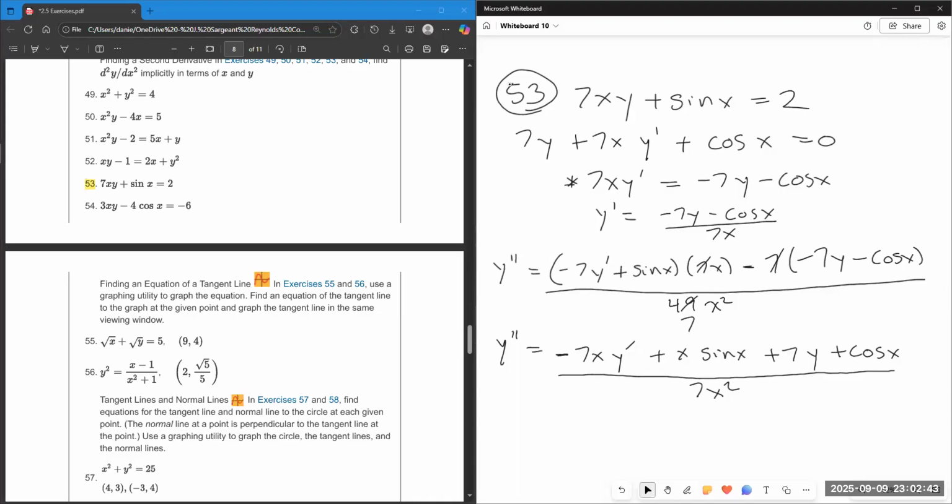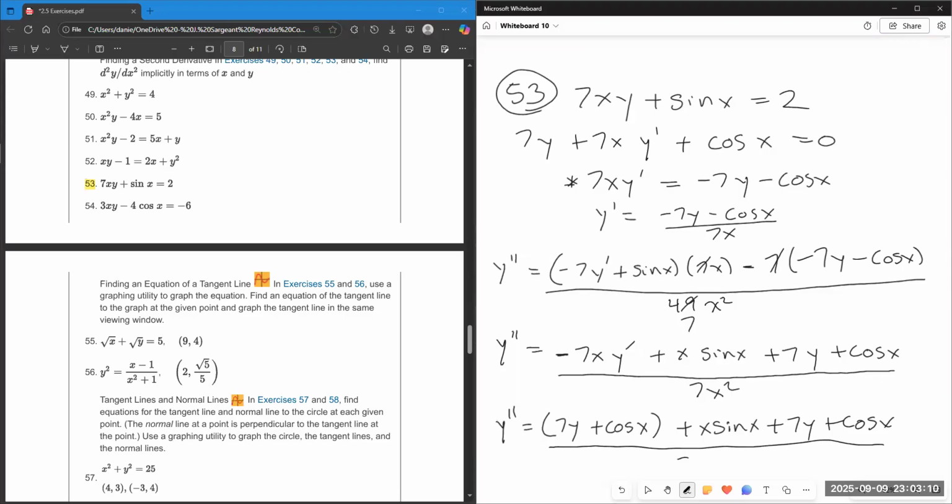There's just a negative 1 multiplier, so I need to change the signs on the right-hand side there. Y double prime is equal to, this is going to be 7y plus cosine of x for this part, plus x sine of x, plus 7y plus cosine of x, over 7x squared.